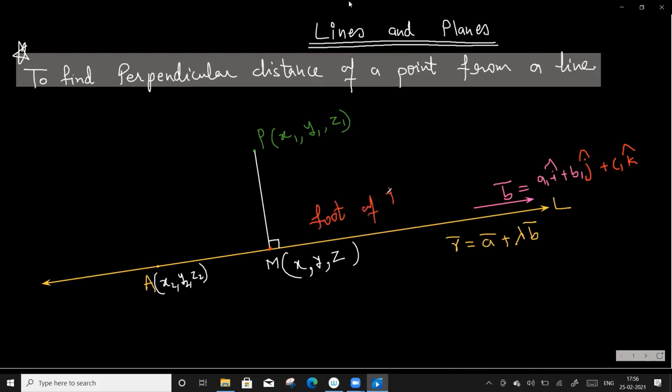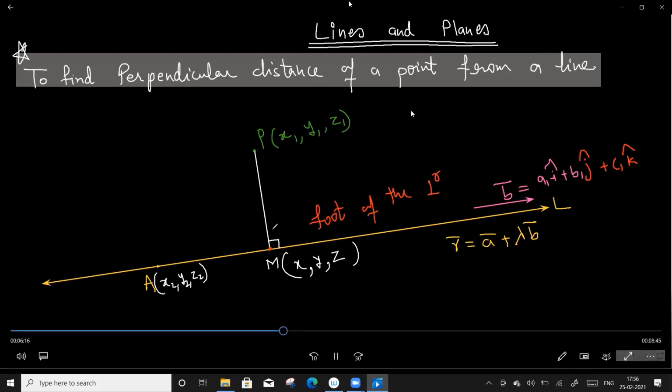I will find out the coordinates of M, which is the foot of the perpendicular from point P on the line.